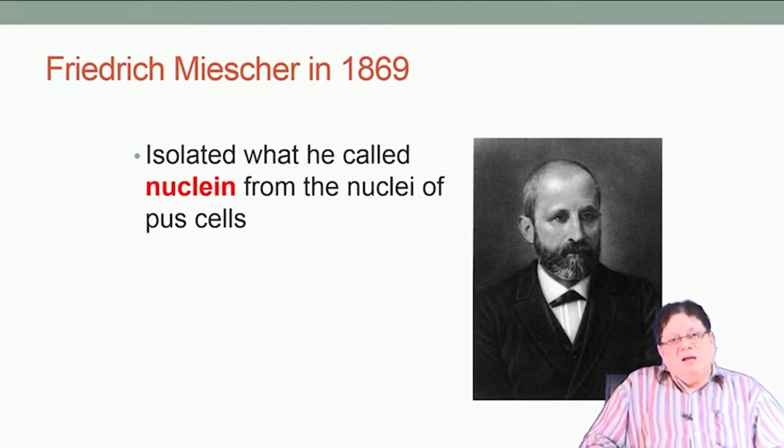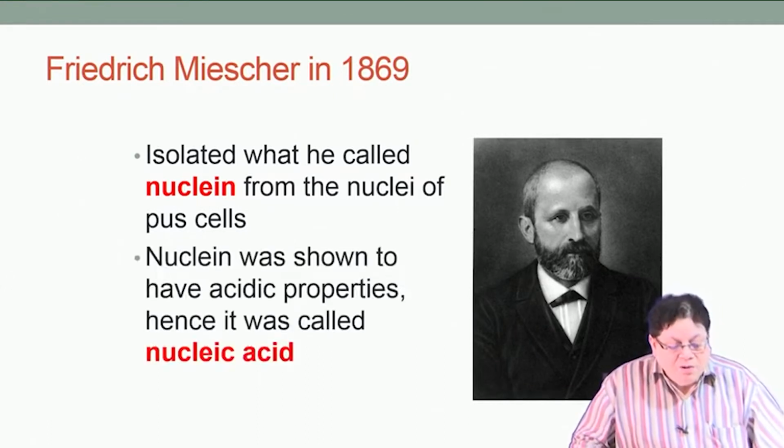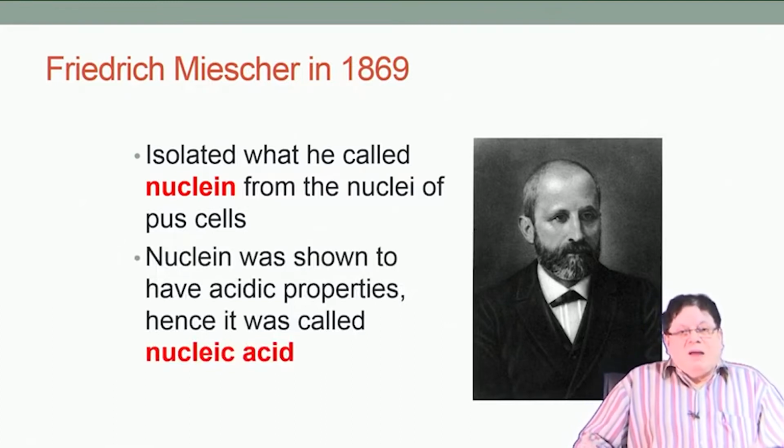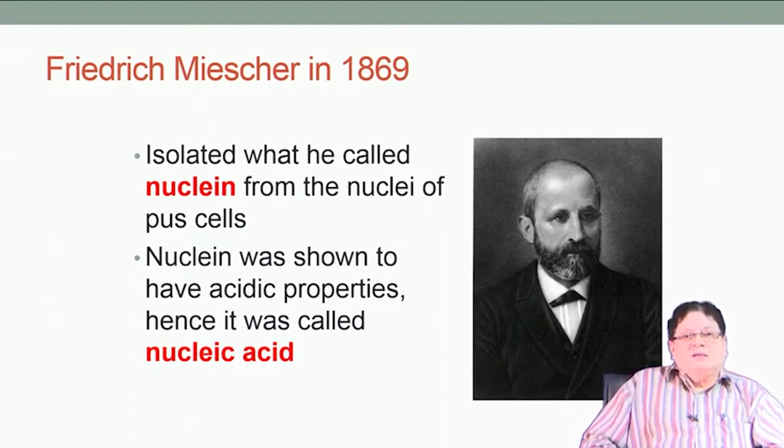From these cells he isolated a product which he called nuclein, and later on nuclein was shown to have acidic properties, and hence it was called nucleic acid. So, the term changed when it was found that it is basically an acid, and that is why this is called nucleic acids.